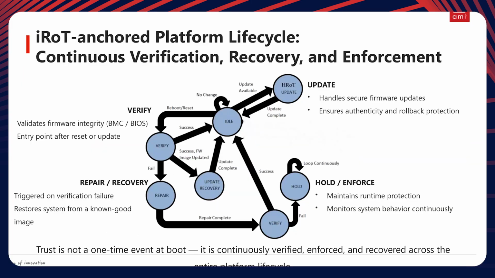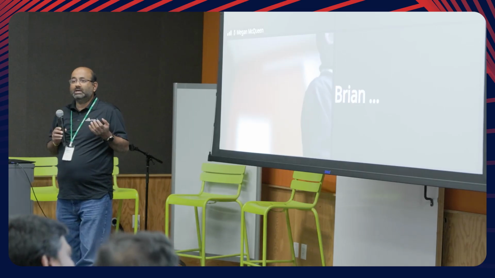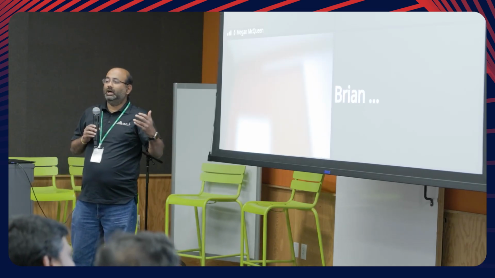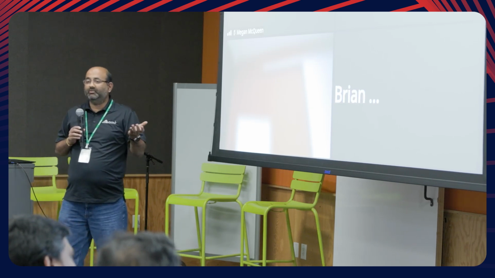This slide talks about what is happening as part of the root of trust orchestration. The root of trust orchestration has different states: verify, recovery, update, and hold. It has to do recovery updates, PFR updates, I2C filtering, and SPI filtering.